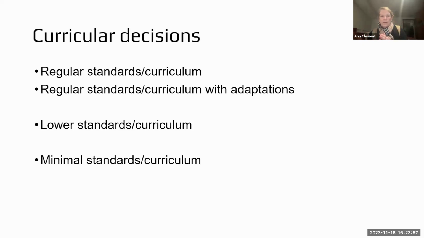And we'll talk about those later. Or some children cannot do the regular curriculum at all. It's too much of a gap. They may have a lower standards curriculum that you use. And then you just follow that as the child can. Some places even have minimal standards, which is even lower than the lower standards. And it's pretty much you as a teacher saying, these are the critical things I want the child to be able to do where they are functioning right now in reading, math, writing, etc.